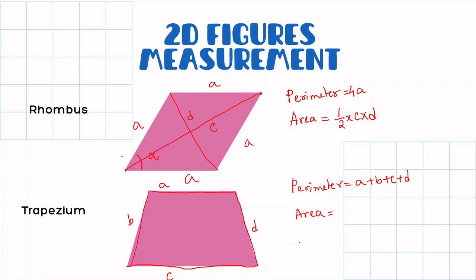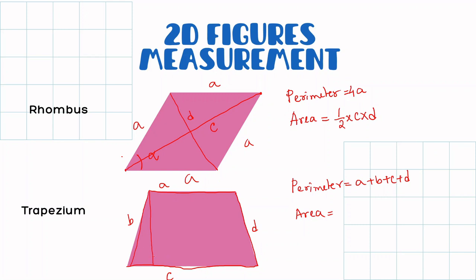For area you have to take the shortest distance between the two parallel lines. So how will we find the shortest distance? We have to make a perpendicular on the opposite side.